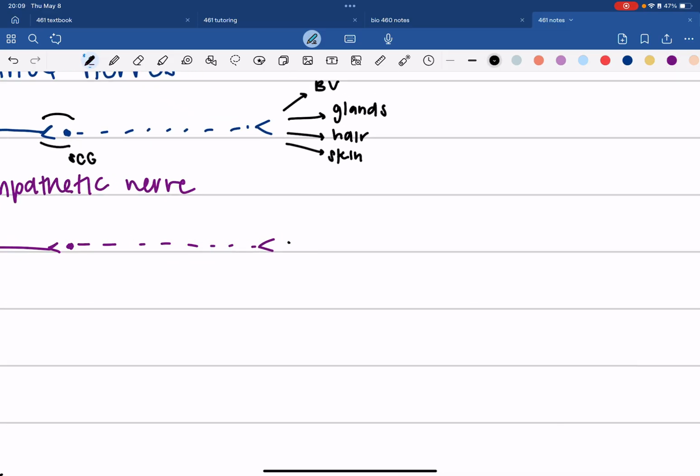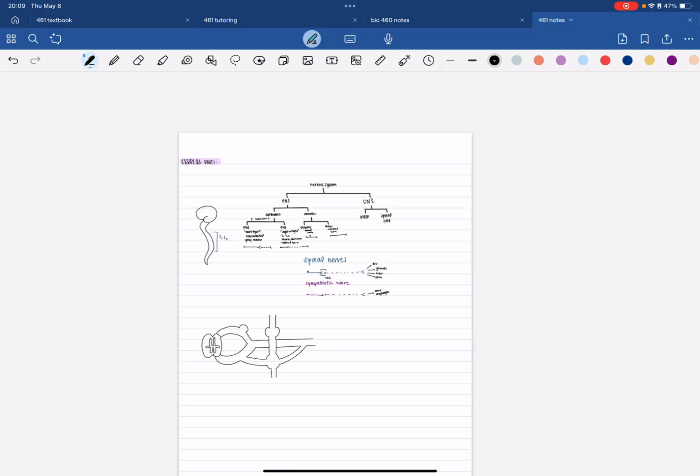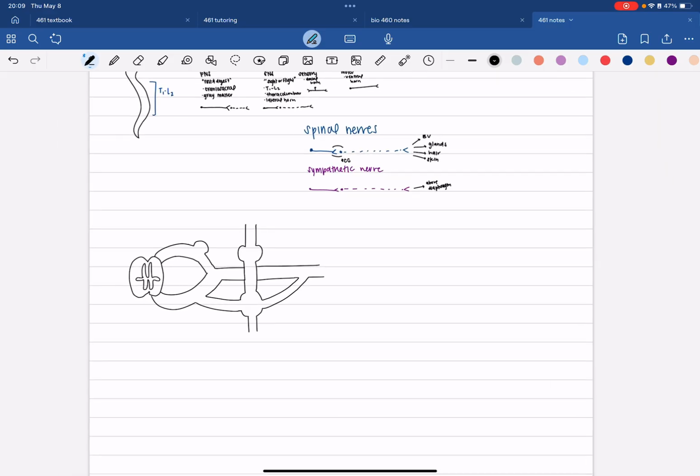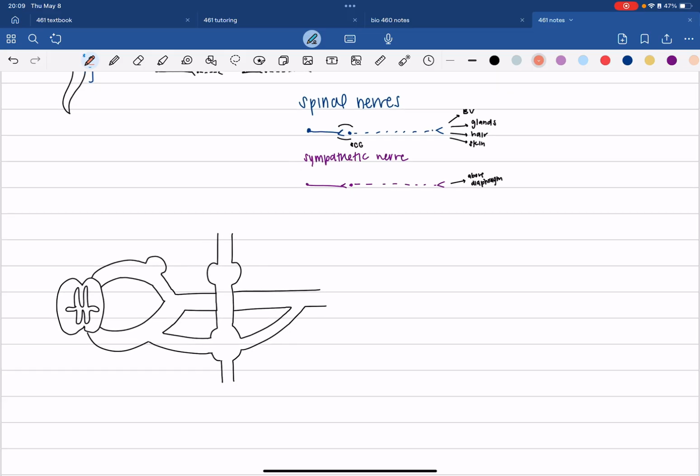And it would be going to any internal organs above the diaphragm. And next one is going to be what we call a splanchnic nerve.